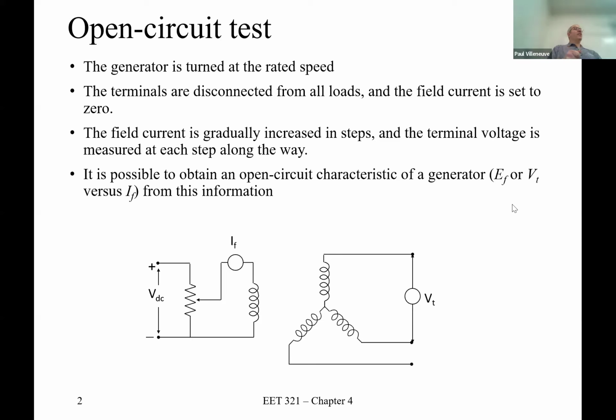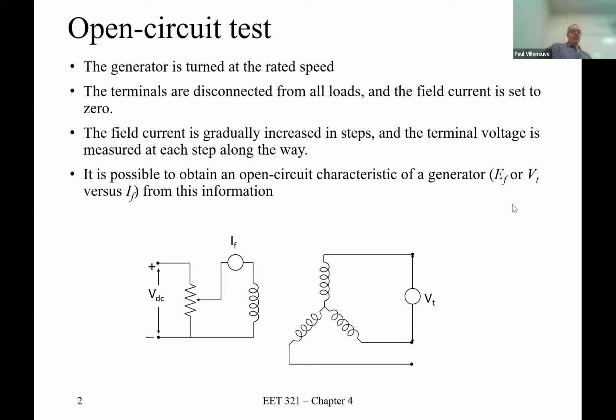Remember that field current is the DC current that goes into the field windings or the rotor windings, and we're going to gradually increase it. We'll start off at 0, go to 1, 2, 3, 4, on and on until the machine is at its peak value. And then we're going to plot that curve.